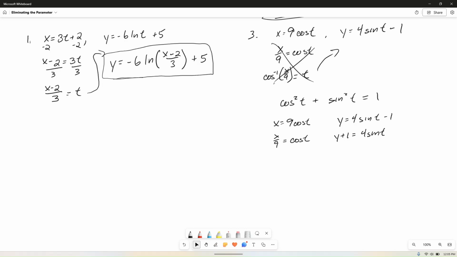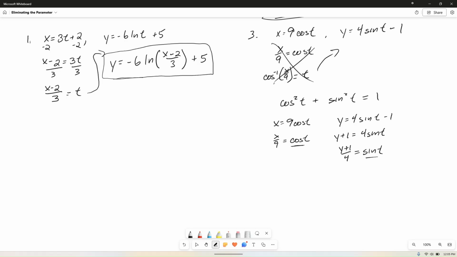To isolate the sine, we divide everything by 4. So y plus 1 divided by 4 is equal to the sine of t. So I now have an expression for sine and an expression for cosine. Let's plug those into our Pythagorean identity.